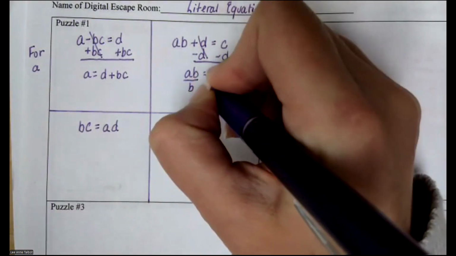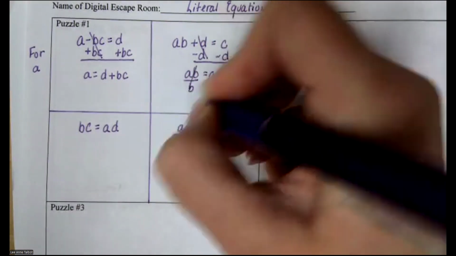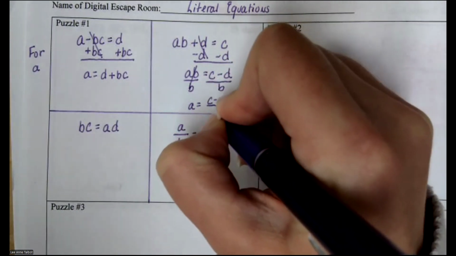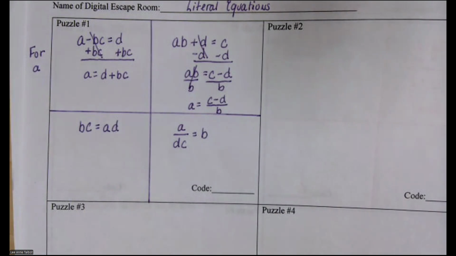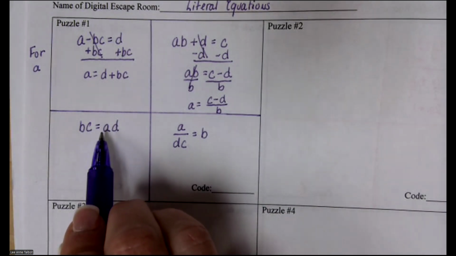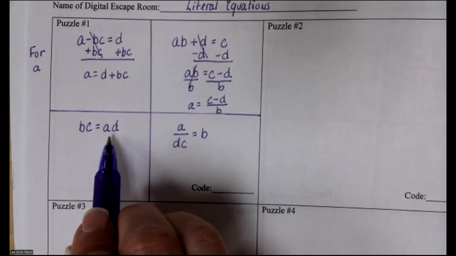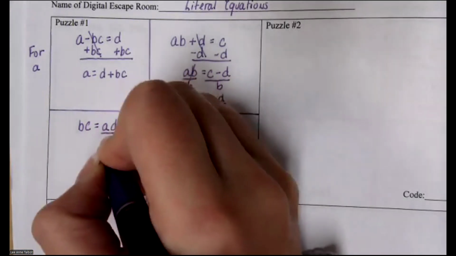And you want to divide by B because you want A by itself. Okay, now we want A by itself. So what do we have to get rid of? D. And it's multiplying. Perfect.